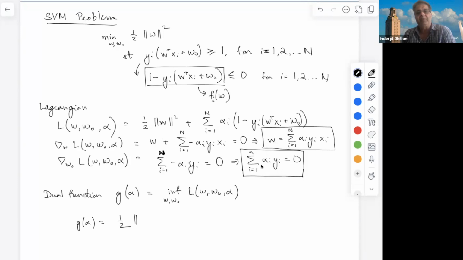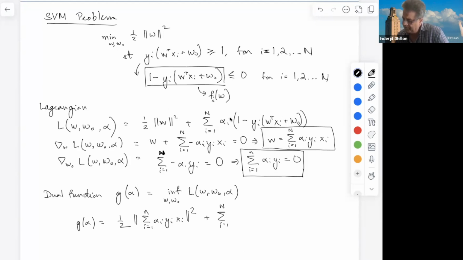And we'll also be able to use this condition. So this means that my W is of the form summation over I equals 1 through n, alpha I, yi, xi. Okay. So this is half W squared, correct? And now I have this. Let me write this as well.